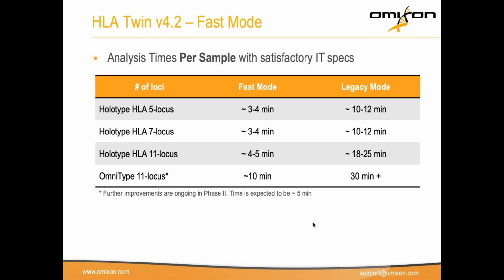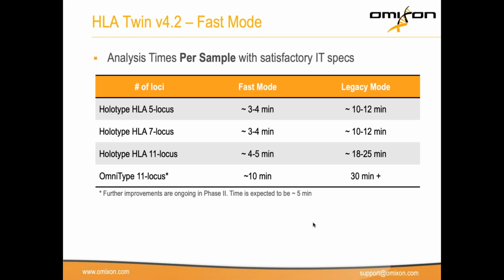So about 3 to 4 minutes with the fast mode versus more than 10 minutes, 10 to 12 minutes with the legacy mode. With the holotype HLA 11 locus samples, more loci, takes more time, of course. It takes approximately 4 to 5 minutes in the fast mode, whereas it used to take 18, 20 minutes plus with the legacy mode.